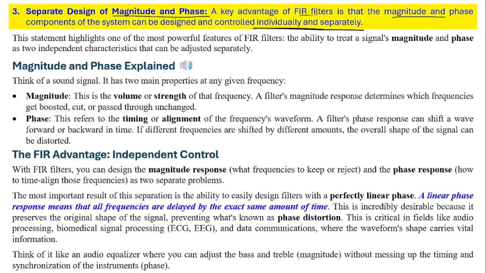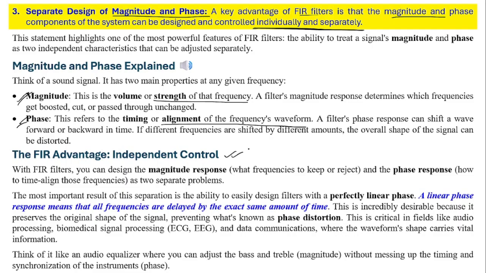So, we know what the magnitude is. It is the strength of a signal at a particular frequency. Phase is basically the alignment of a particular frequency in a given waveform. So the FIR advantage is that it gives us independent control.